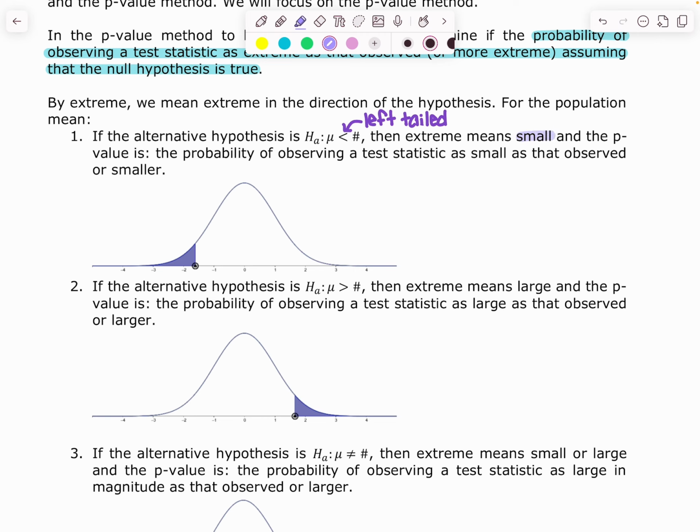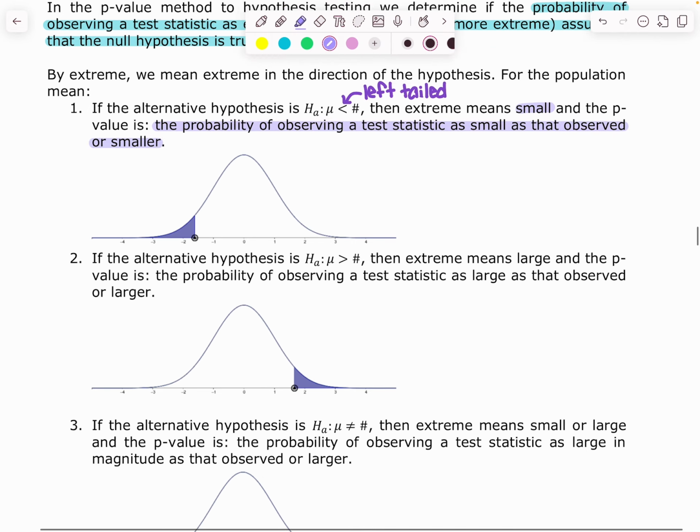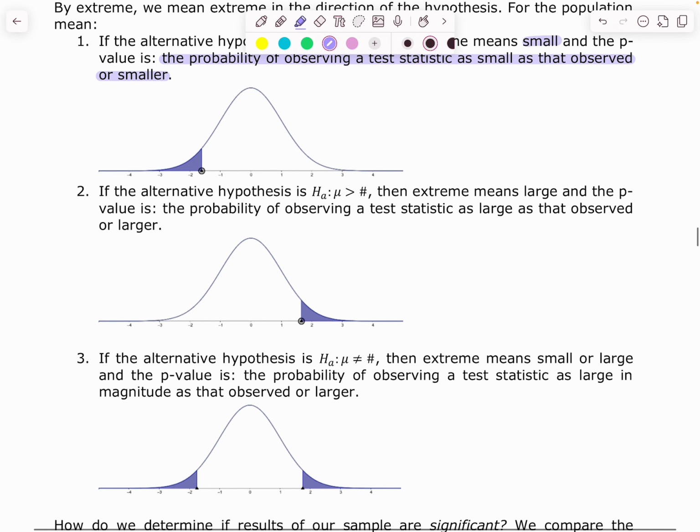And the p-value is the probability of observing a test statistic as small as that observed or smaller. If the alternative hypothesis is right-tailed, so mu is greater than some number, then extreme means large, and the p-value is the probability of observing a test statistic as large as the one we observed or larger.